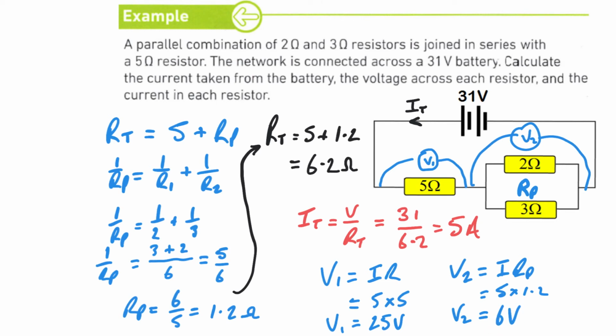If we put 6 volts across 2 ohms, we get 3 amps, and so there's going to be 3 amps in the top. We've got 5 amps in that first resistor, 3 amps in the 2 ohms, and 2 amps in the 3 ohms.